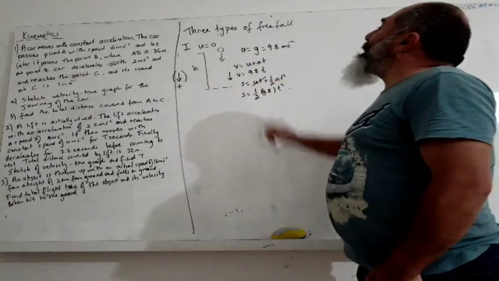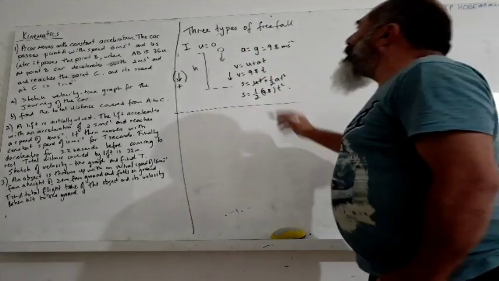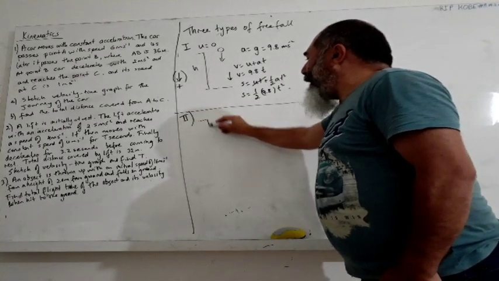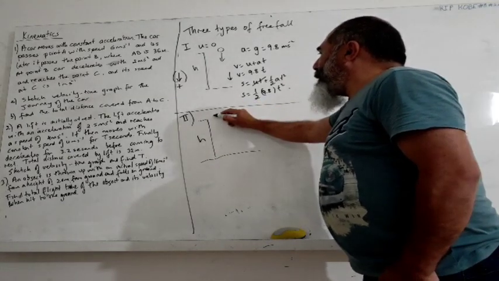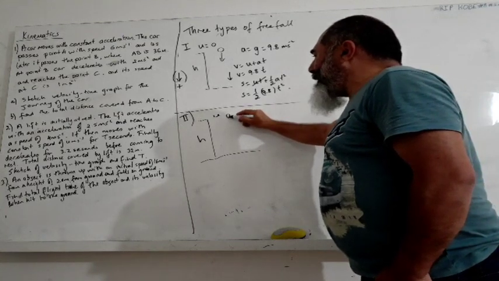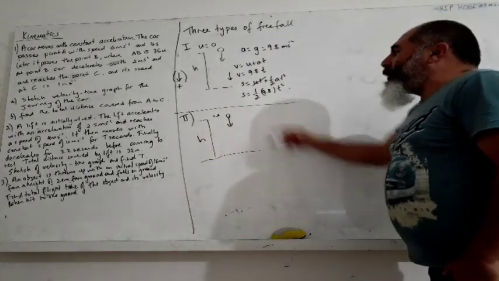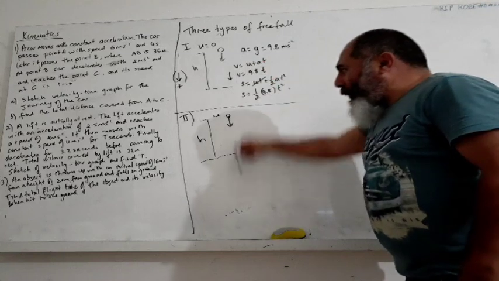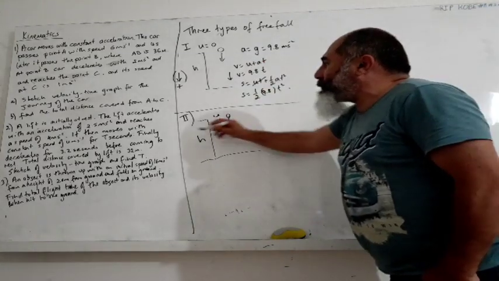Now, second type. Here again we have a height, we have u, we have the object there, but we are going to throw it downwards. We have an initial speed. The initial direction of movement is downwards, so the downwards direction is again positive.